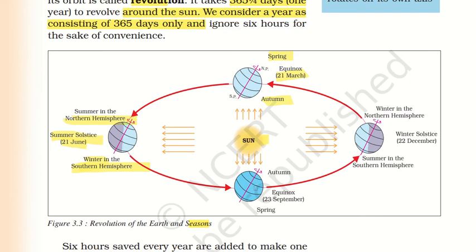And next, on 23rd September, that is the equinox, equal day and night, and autumn season in the northern hemisphere and spring season in the southern hemisphere. And further we will see 22 December, that is the winter solstice, and winter in the northern hemisphere and summer in the southern hemisphere.